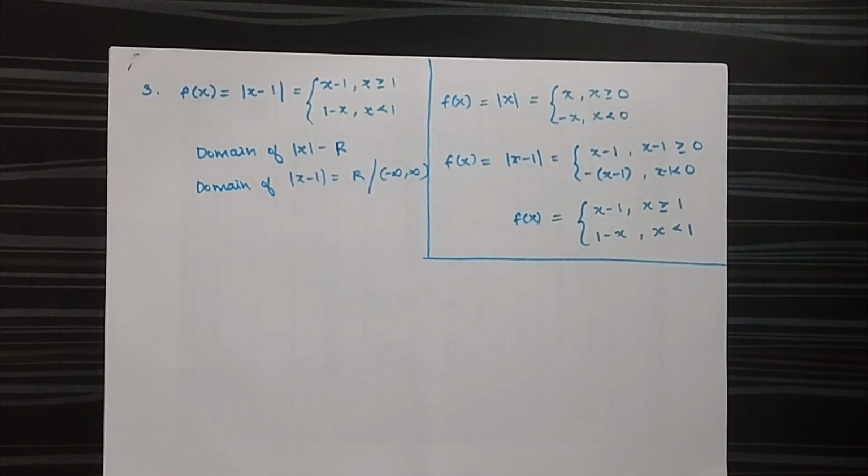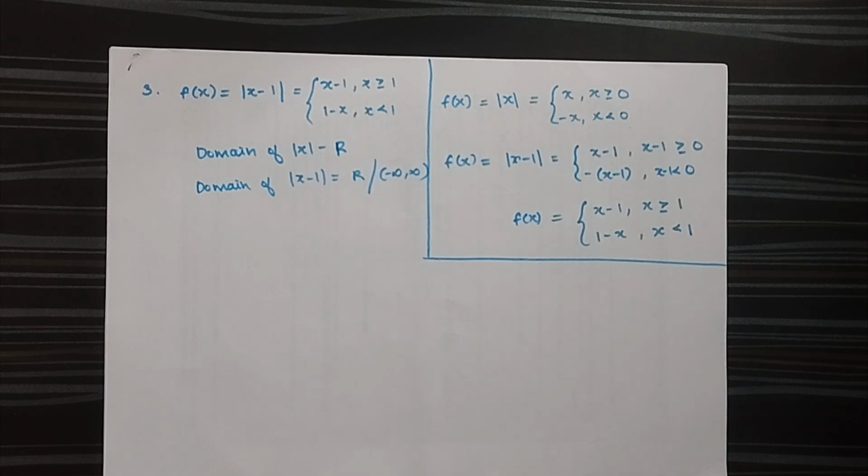Now we need the range. If this function can accept any values from negative infinity to infinity, it must have a range of values which it gives as output. So what's the least value this can give as output? It's not negative infinity and it's not negative. Mod function only gives positive numbers.